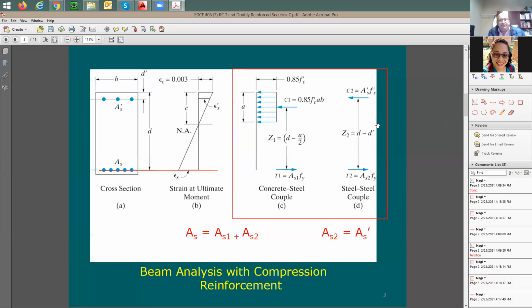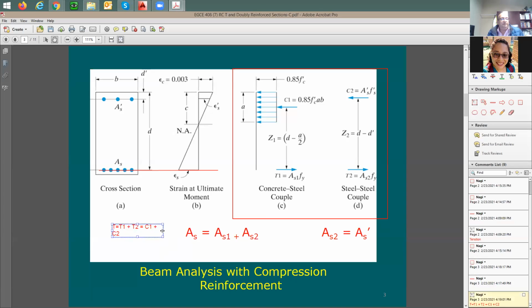So what happened? I know that the total tension is going to be equal to the total compression. C1 plus C2 is going to be equal to the tension T. So what we decided to do is take this tension force and split it into two forces. This T1 plus T2 at the end is going to be equal to the force T. So I can say here the tension force, which is As times Fy or Fs, equals T1 plus T2, which is the same as C1 plus C2.